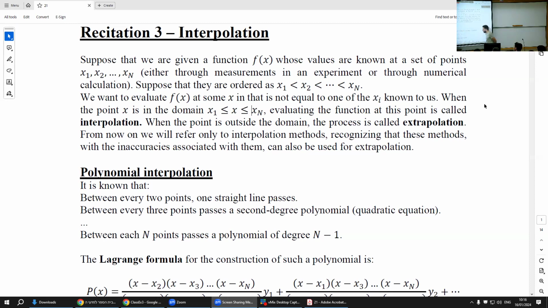And if I have n points, there is one polynomial of order n minus 1 that has the first coefficient non-zero.